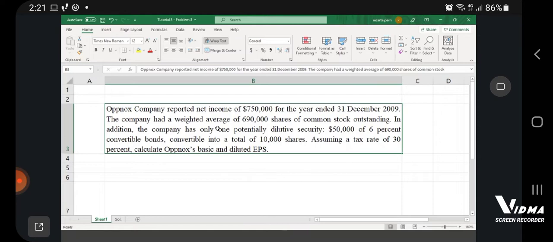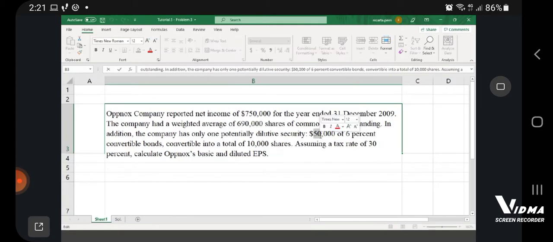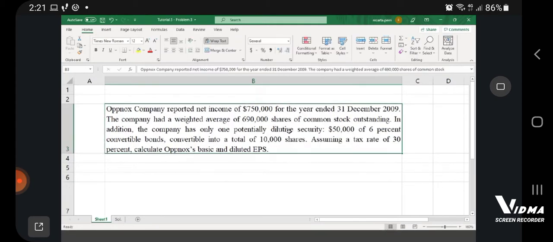In addition, the company has only one potentially dilutive security, and that is convertible bonds. This means that we do not have any preferred shares. So the net income reported here is the same amount as the earnings available to common shareholders, because earnings available to common shareholders are net income less preferred dividends. But if I don't have preferred dividends, then it is the net income. So let's keep this in mind.